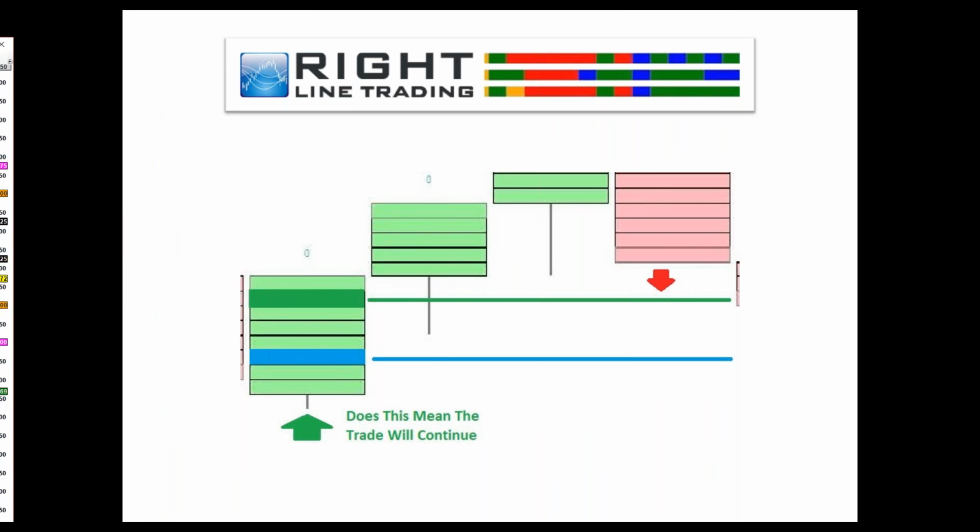Now, it's very commonly misused. It will never guarantee you a continuation trade because it's constantly in flux. The way it should be used is when there's an overabundance of buyers at this tick level.